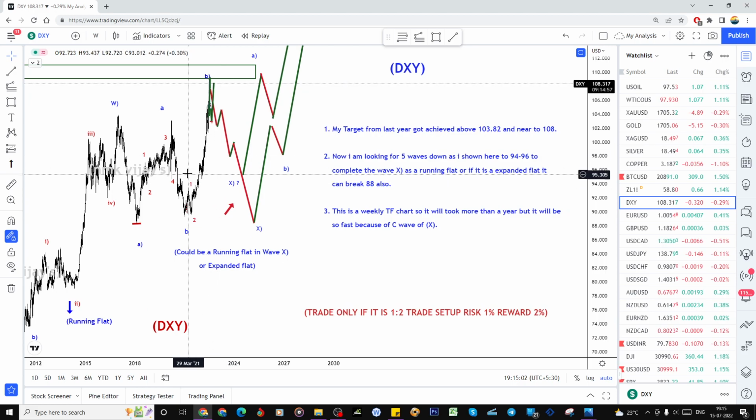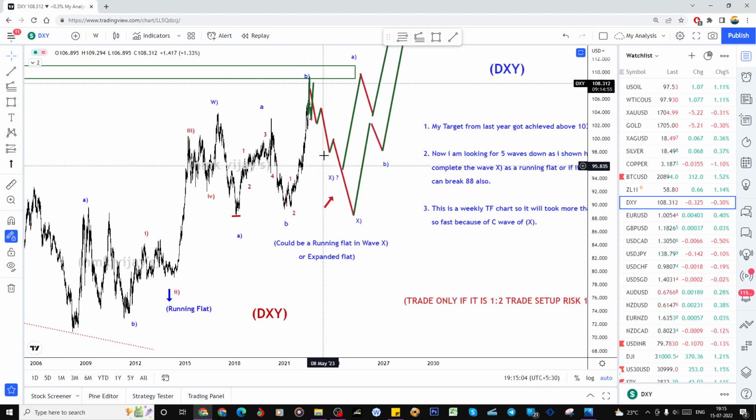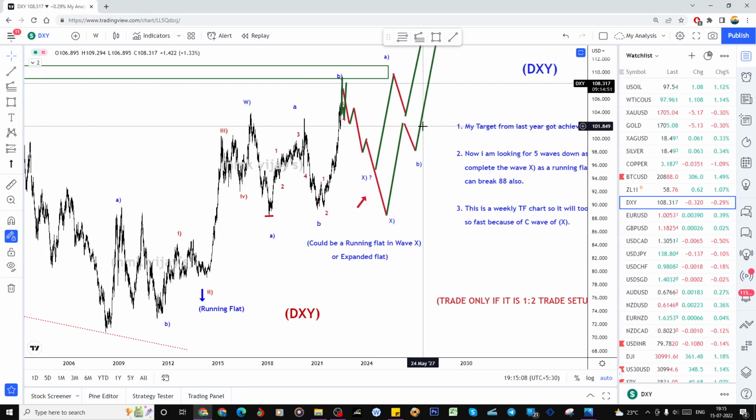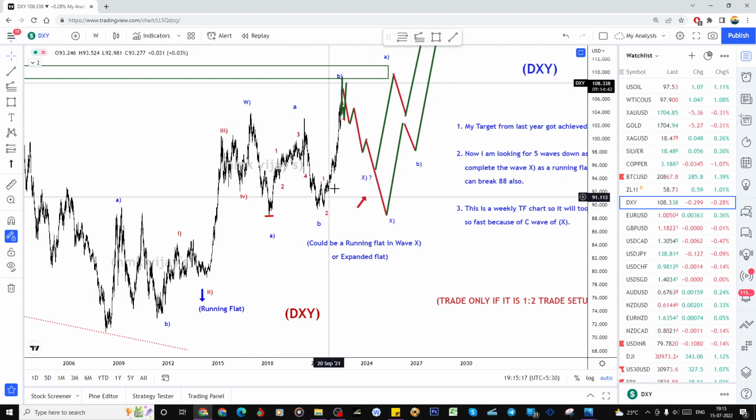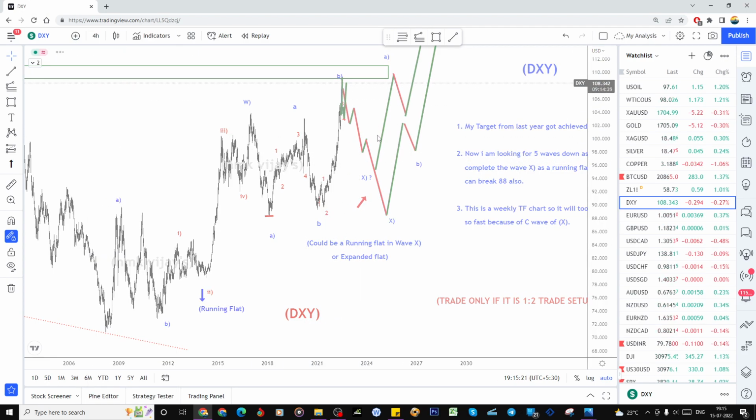Now the positional view is an entirely different part. This is the positional wave count I had updated on TradingView and some other forums. So now this is the bigger picture, and it looks like the 5 wave structure is going to end, or it could be extended a little bit also.